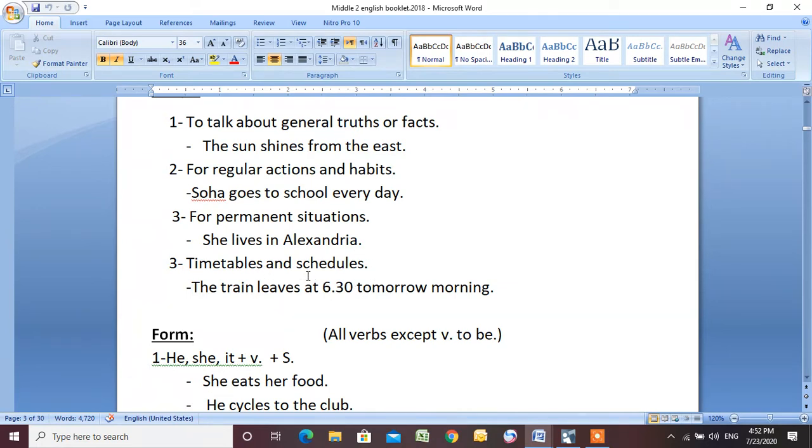So that's why we use the present simple tense to talk about the future if I want to talk about timetables or schedules. For example, also I can say the plane takes off at 11 next morning.